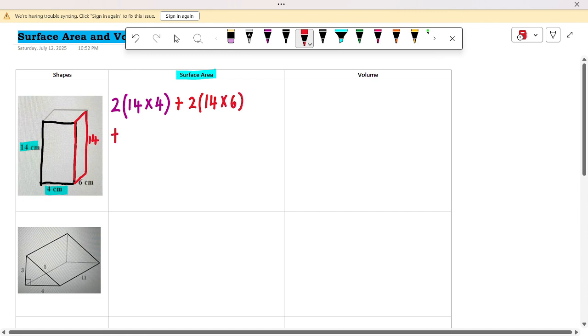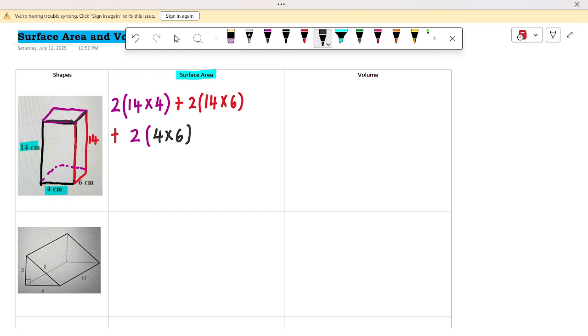plus we also have another two shapes here, the top and the bottom one. So we will have another two surfaces where the area will be 4 times 6. That's all. So a cuboid has a total of 6 surfaces, where each two of the sides share the same area.